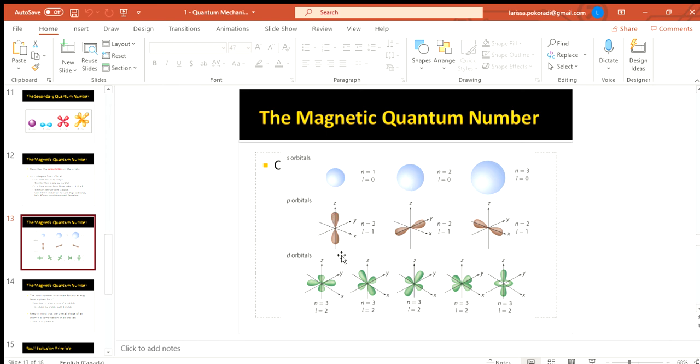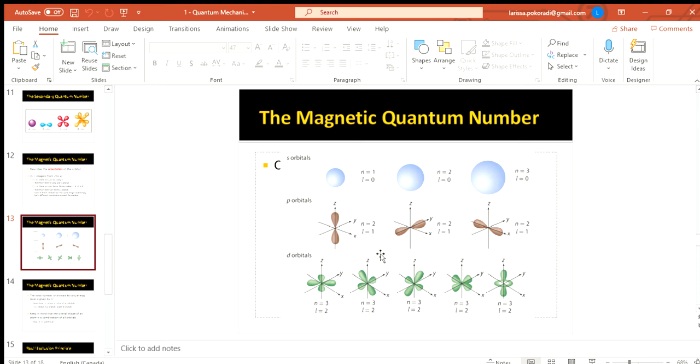These guys, at least, are the same n value, n equals 2. Cool. And we're showing a p orbital on the z-axis, on the y, and on the x. They're all the exact same shape, the exact same energy, because they're all the same n value.